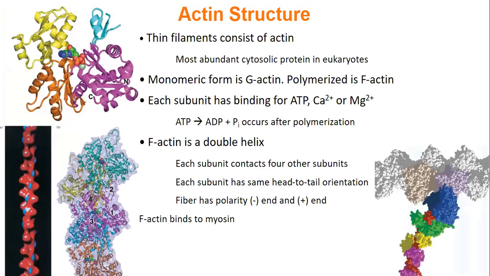So we learned about the thick filament, what protein makes up the thick filament. Let's look at the protein that makes the thin filament. So remember, myosin is thick, actin is thin. And so the thin filament is made out of actin. And actin is actually the most abundant protein in your cytoplasm because actin is what makes up your cytoskeleton.